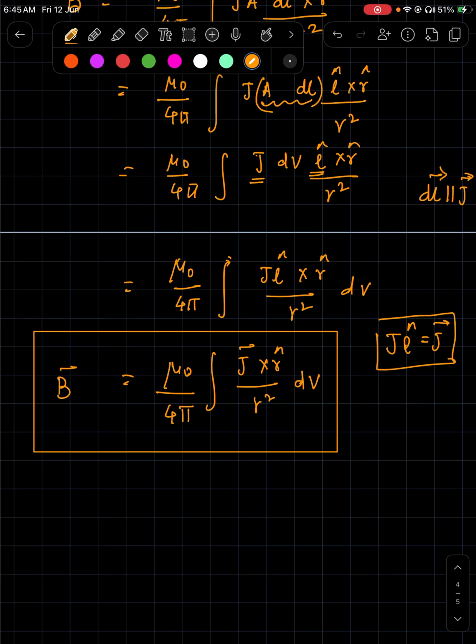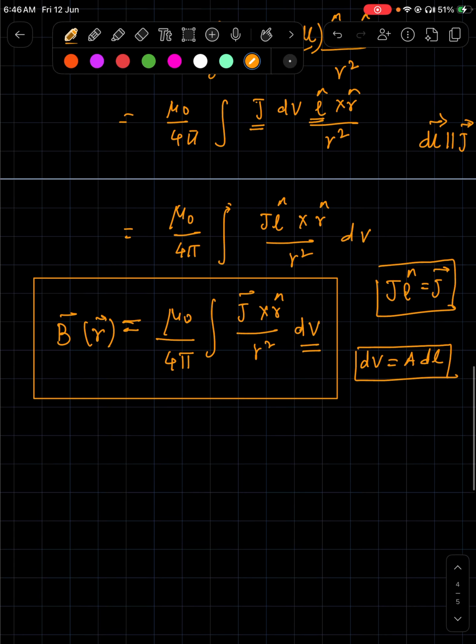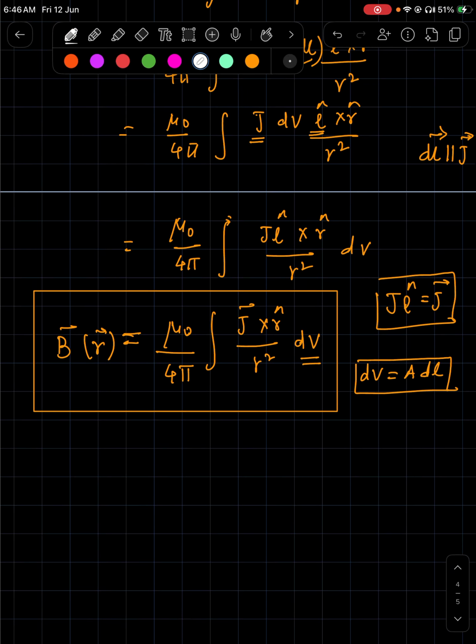So there is a magnetic field, which is a function of the vector r: B of r equals mu naught by 4 pi integration J cross r cap by r square dV, where dV is the volume element. I am going to write dV simply as A dl, where A is the cross-sectional area of the wire. So this part is over. Please remember, unlike the previous case, this is actually a volume integration, not a line integration.